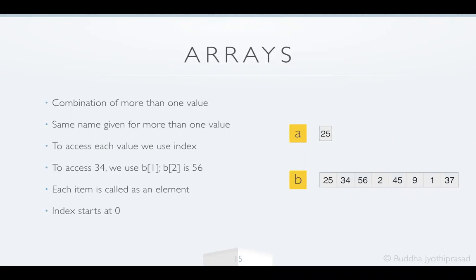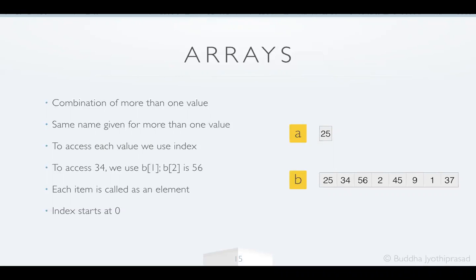So when we can refer to multiple values of the same data type using a single variable, that is typically an array. Now, all arrays are zero-based indexes. So how do we access, say for example, the fifth element? We will have to say b of 4. Why b of 4 to access the fifth element?